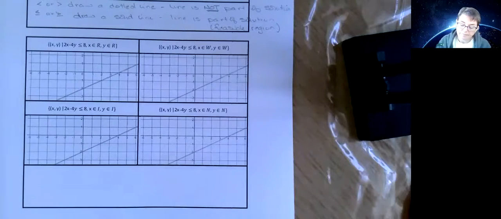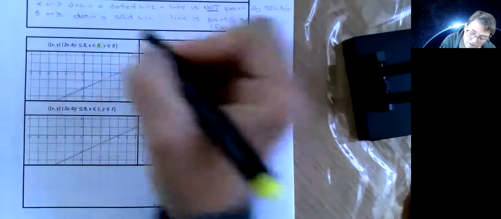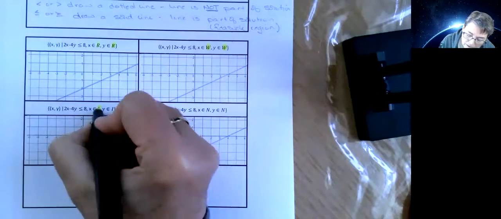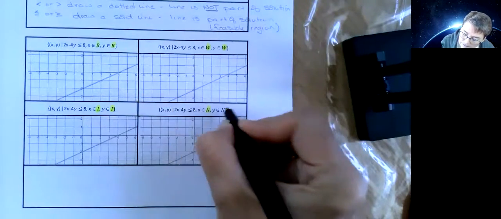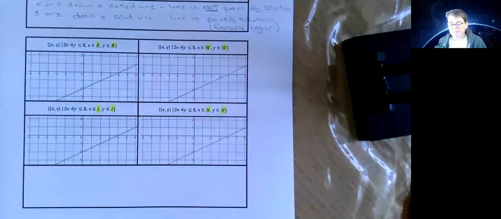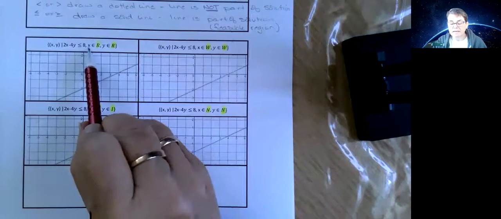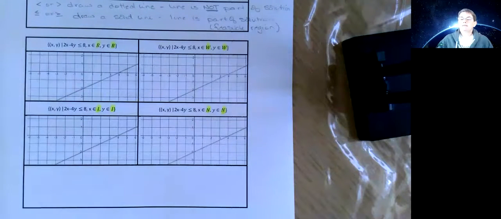R, W. So when x is an element of R, that means x is a real number. Real numbers, if you remember, is kind of any number you can think of: positive, negative, rational, irrational, decimals, anything is fine. Any point you put is good.